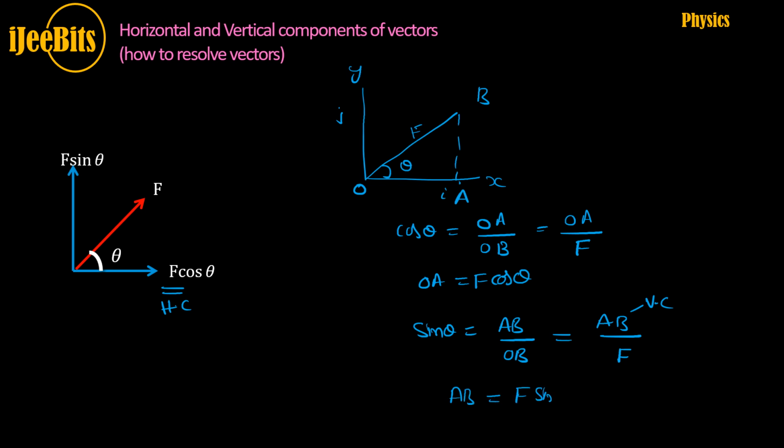Agree? So how do you represent the vector now? With a combination of horizontal component and vertical component, in i plus j notation: F cos theta in the i direction plus F sin theta in the j direction. This is how you represent a vector.